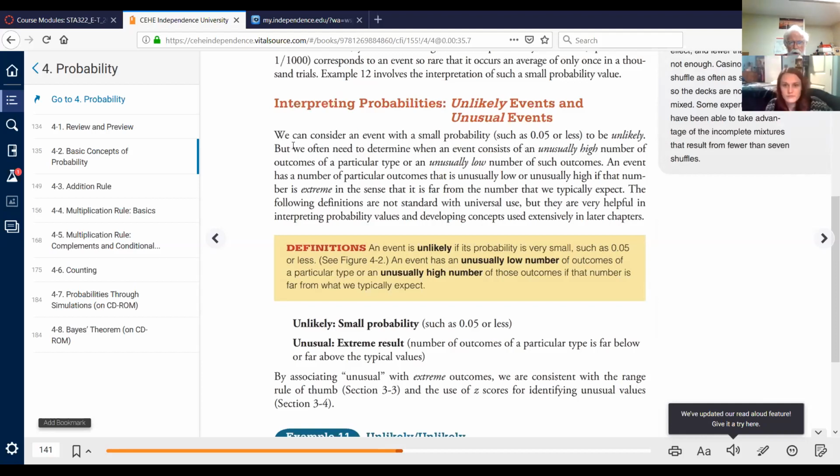But we can calculate some of these things using our classical approach. We can also simply accumulate data by running a trial over and over again.